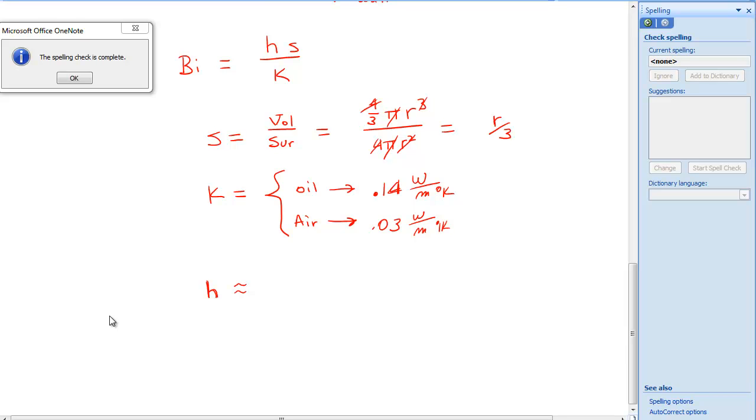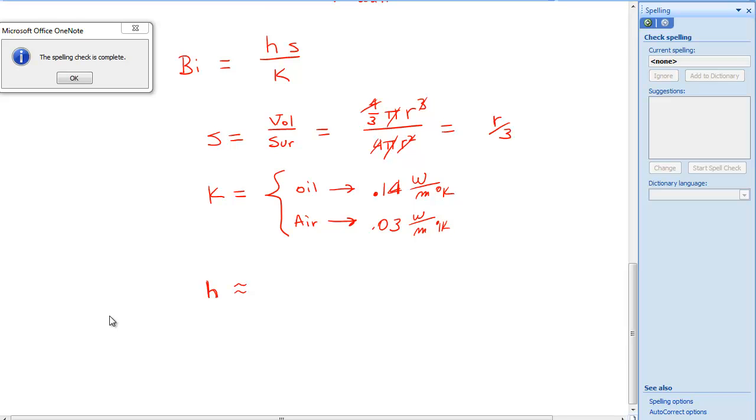The assumption is equivalent to saying that the surface convective resistance is large compared to the internal conductance resistance.